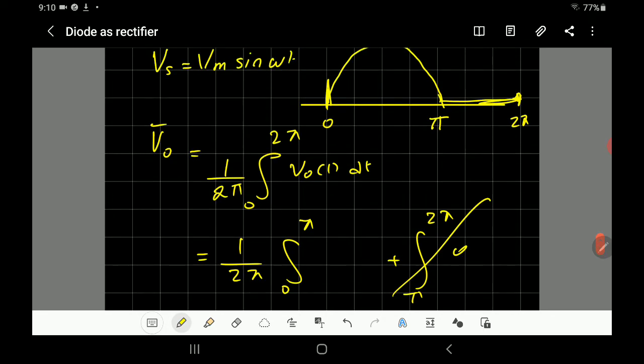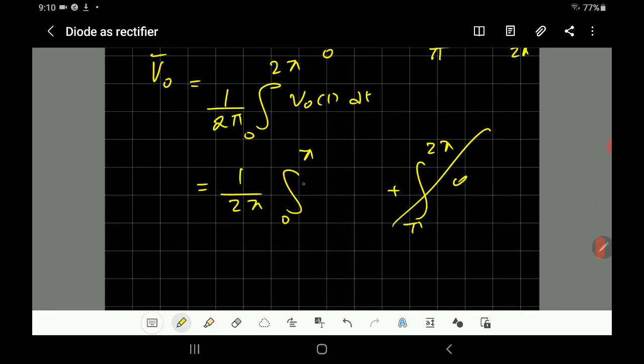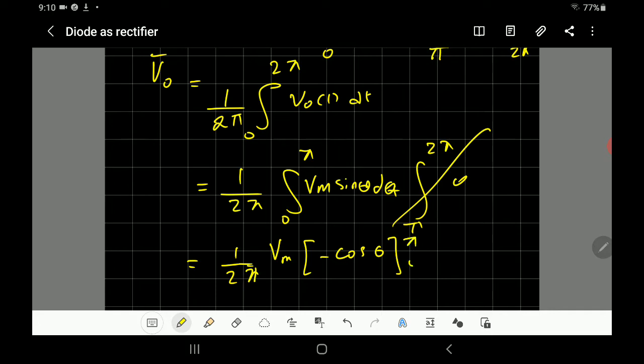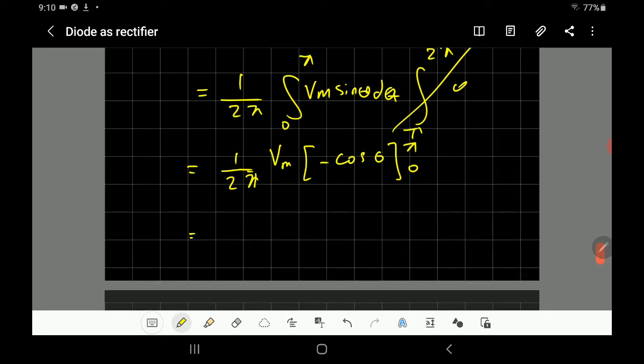In that interval it's a sine wave, so it's Vm sine theta d theta. So it's equal to 1 over 2 pi times V maximum, and the integration of sine will be minus cosine theta, from 0 to pi.